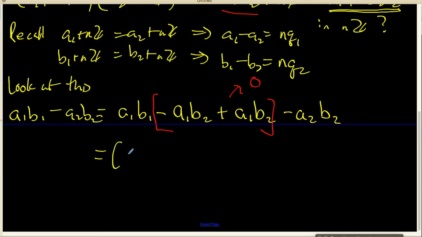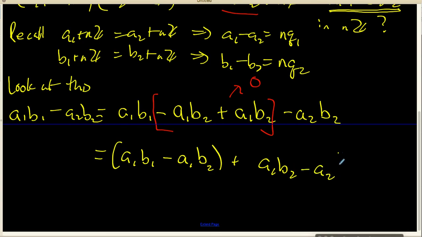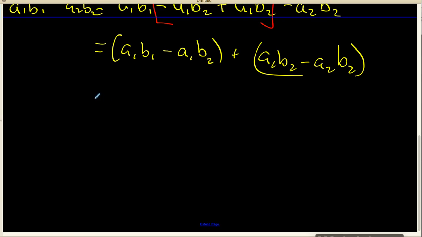But what I have done is I've given myself the ability to factor some stuff out. I'm first of all going to reassociate in this fashion. And you'll notice that from the first two terms, we can factor out an A1. And from the last two terms, we can factor out a B2.